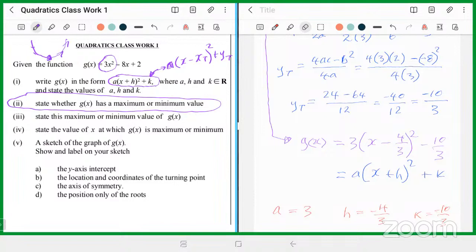So when the a is positive, automatically the quadratic graph will have a minimum value because it will have a minimum point. This one is quite easy because the a is positive, the a is 3. It means that we actually have a minimum value. As simple as that. We have explained it in the class multiple times. If anybody doesn't understand, let me know. Because the a is positive, it has a minimum value.